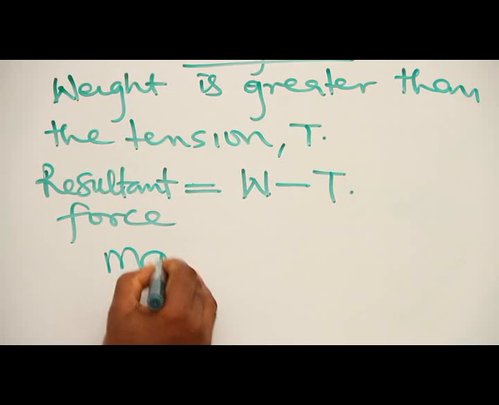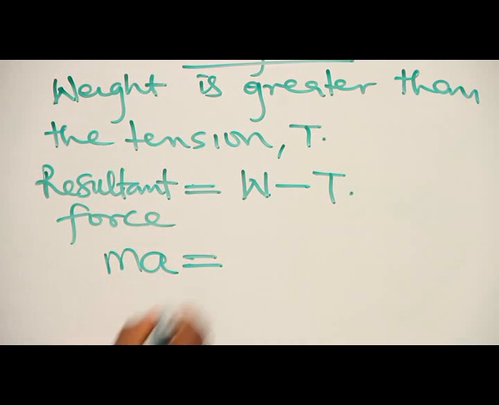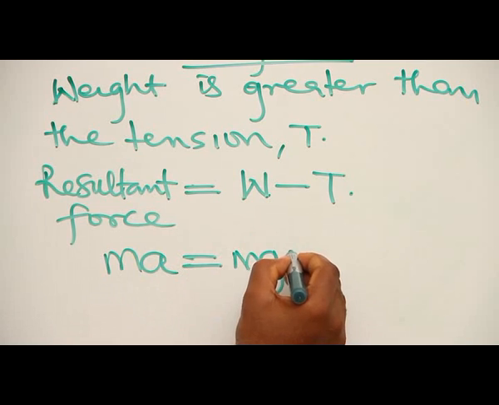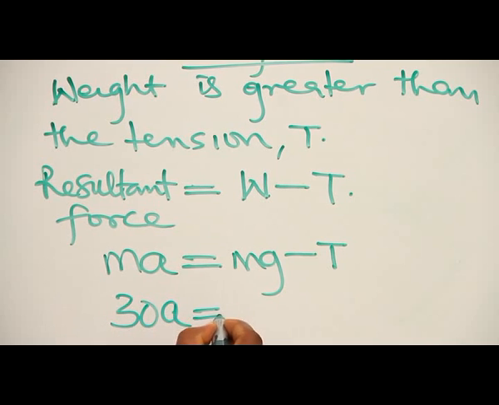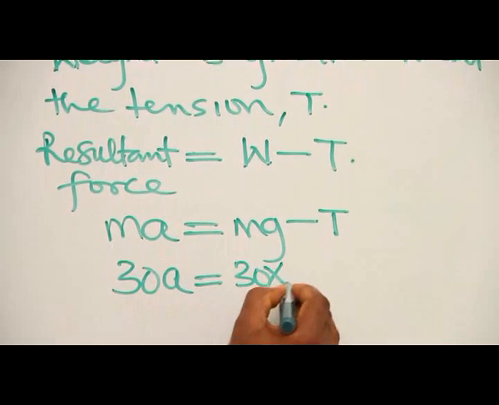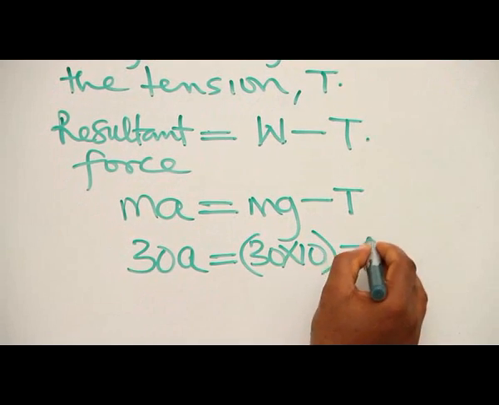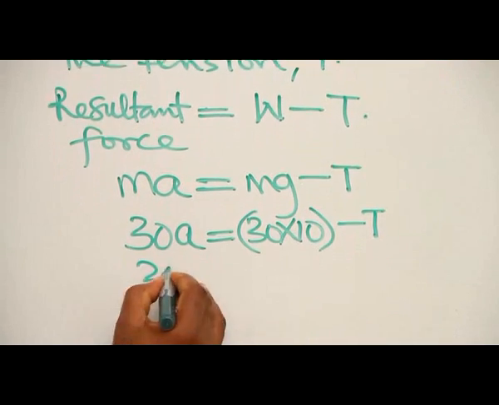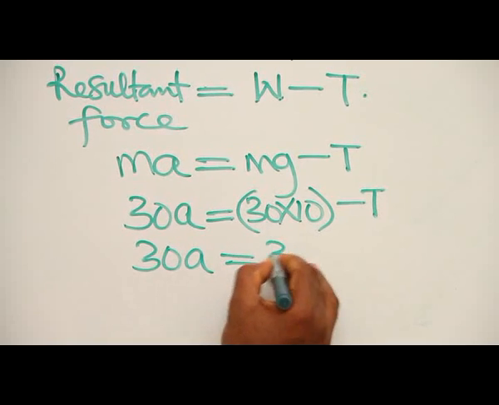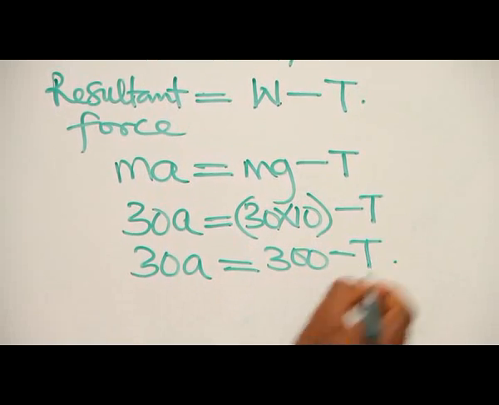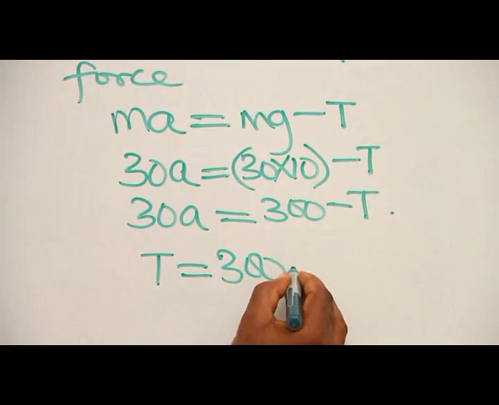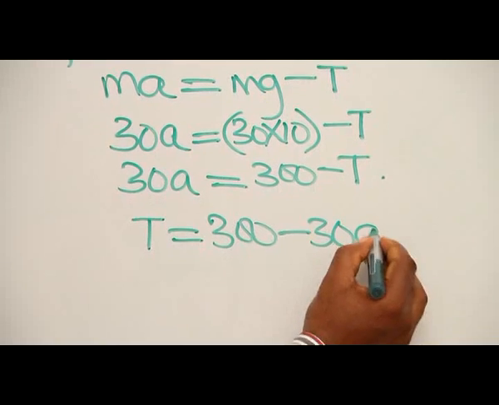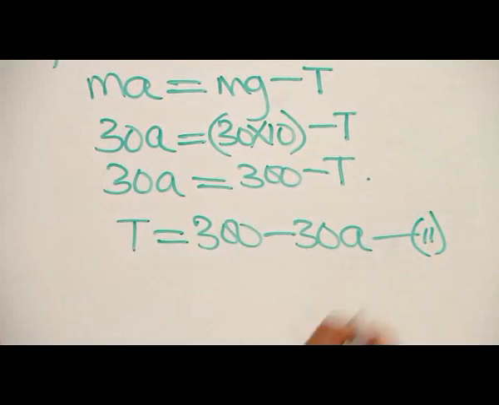The resultant force is mass times acceleration. The weight is mg minus the tension. Thus, we have 30a is equal to 30 times 10 minus T. 30a is equal to 300 minus T. T will give us 300 minus 30a as our equation 2.